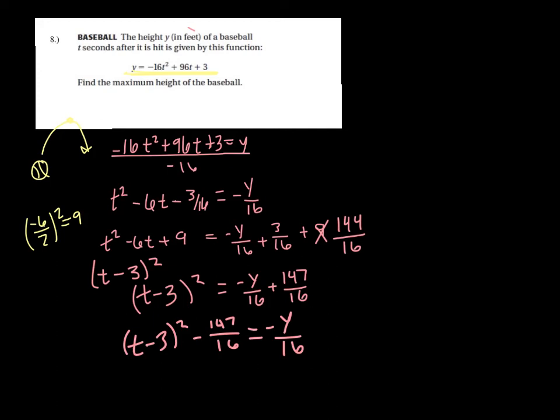In this case, if 16 is in the bottom of our fraction, that's what we want to multiply the entire equation by. So I'm actually going to multiply it by negative 16, and that's going to go to all 3 terms. So the t minus 3 squared, the 147 over 16, and the y over 16. So what happens is you get negative 16 times that first expression, t minus 3 squared.